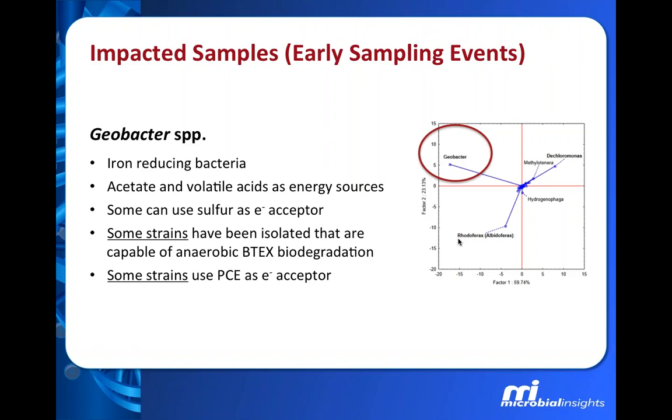We know that these are iron-reducing bacteria that utilize acetate as a carbon and energy source. Some species and strains in literature have been shown to be capable of utilizing additional substrates and electron acceptors. Some are even capable of anaerobic BTEX biodegradation. Overall, though, for a genus as a whole, we can say that these are acetate-utilizing iron-reducing bacteria.